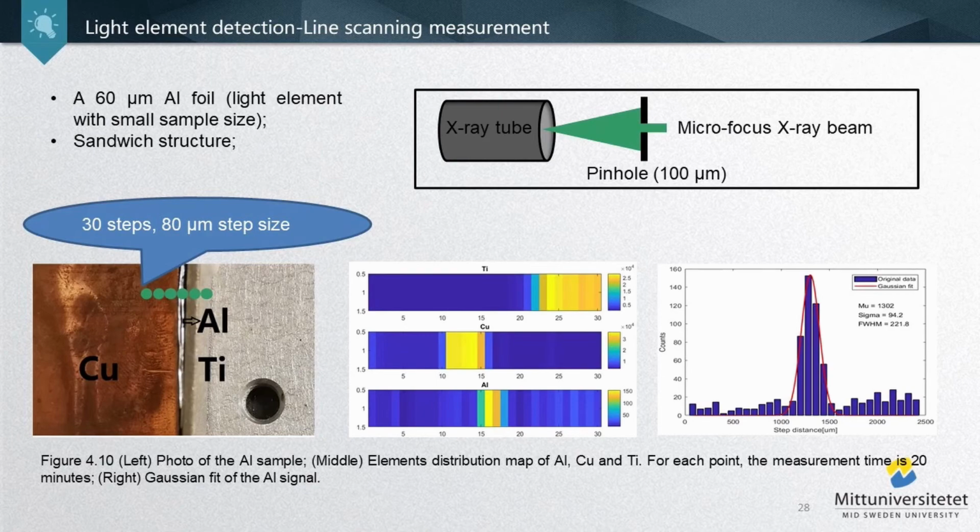Then we scanned a line on the sample and measured the spectra for each point. The titanium, copper, and aluminum peaks are extracted and then replotted in the middle figure. The distribution of these 3 elements shows agreement with the sample structure. And finally, a Gaussian fit is applied to the aluminum foil signal to obtain the spatial resolution of the imaging system.